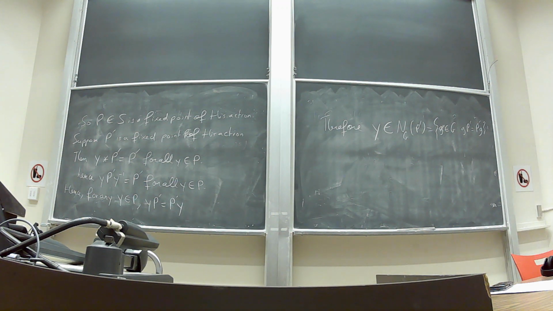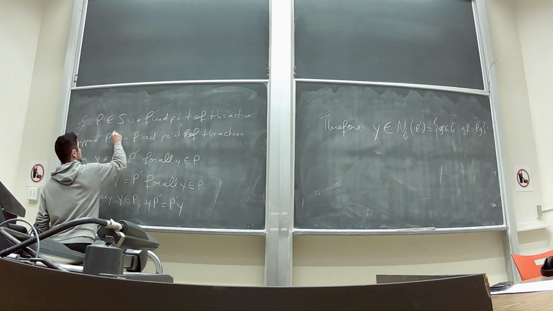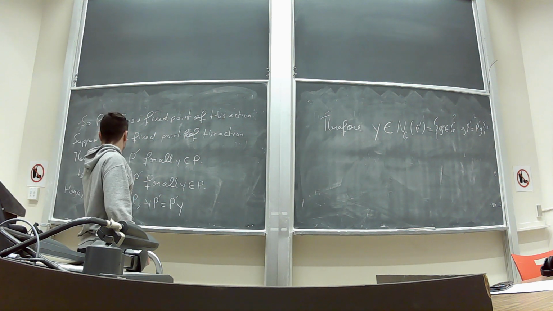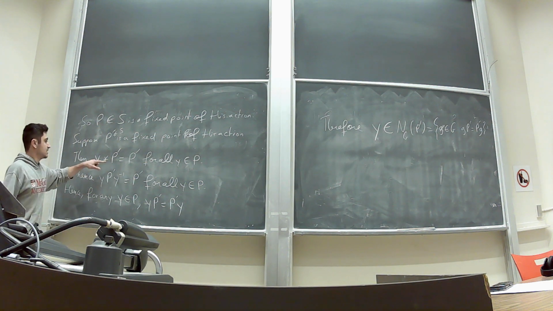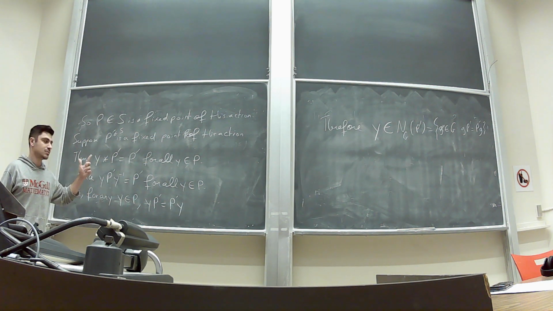Is P prime in S as well? Exactly, it's not a specific point. I'm saying suppose P prime in S is a fixed point. Then yP'y inverse is equal to P prime by definition.